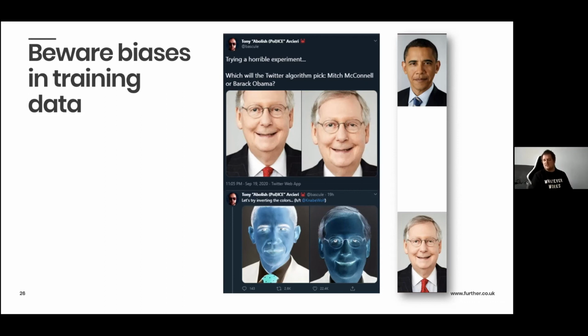So you've inadvertently created a proxy signal for something like race, nationality, religion, even if that's not something you've explicitly put in your data set. So we have to be very, very careful to be aware not just of overt biases in the data, but also of proxy signals for biases that could accidentally sneak in.